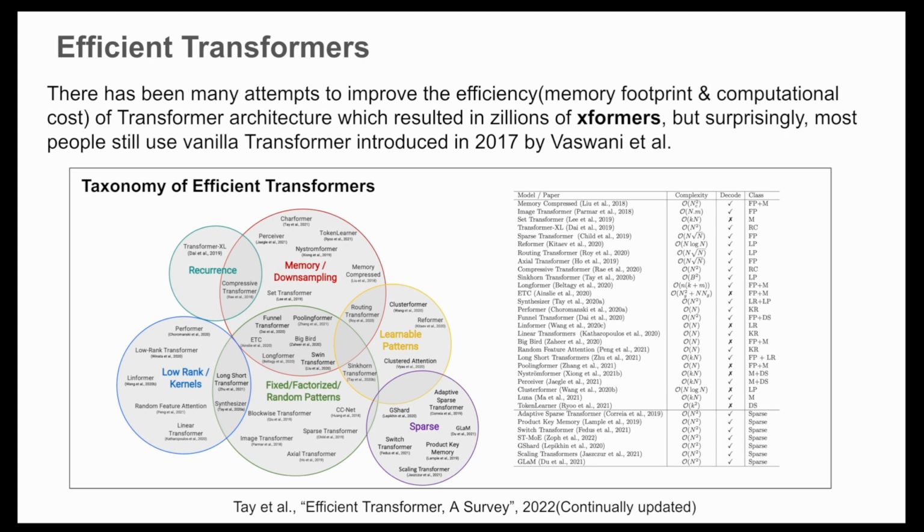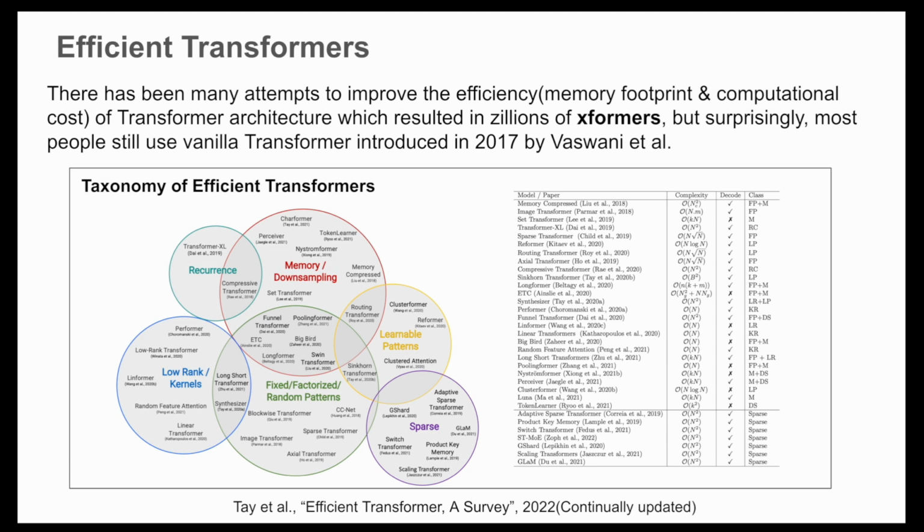You can see that on this whole taxonomy, some models really try to achieve linear time complexity. If you look at Linformer, for example, linear transformers, BigBird, random feature attention, and Perceiver, they also have linear time complexity.